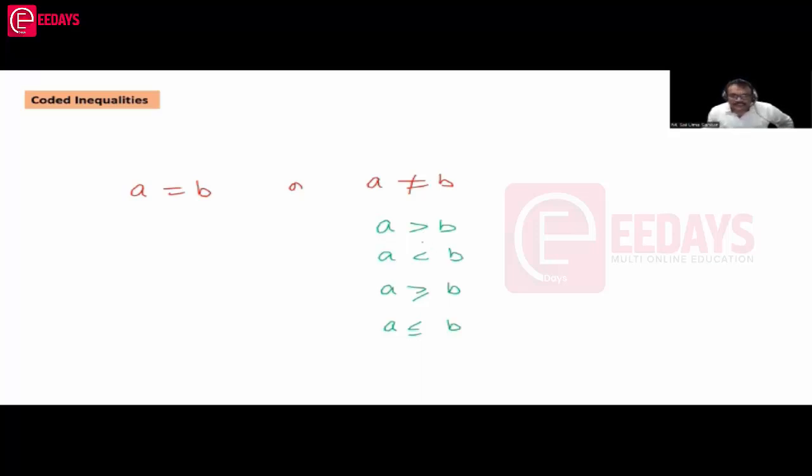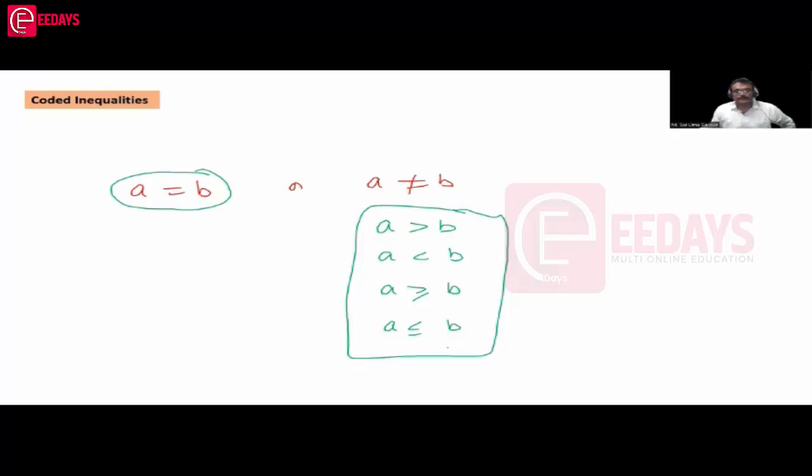If you choose any one of these four, this is represented as inequality. Okay, a is greater than b, a is less than b, a is greater than or equal to b, and a is less than or equal to b. So some symbols are there, numbers are there, etc.